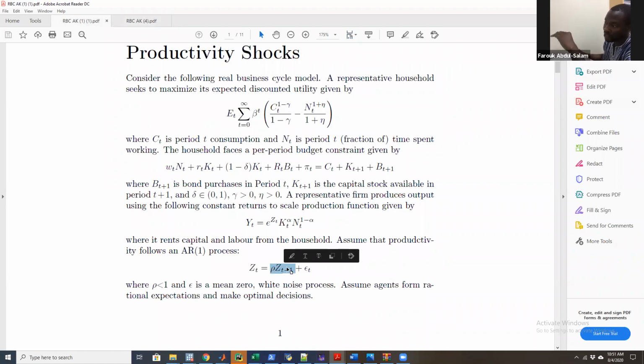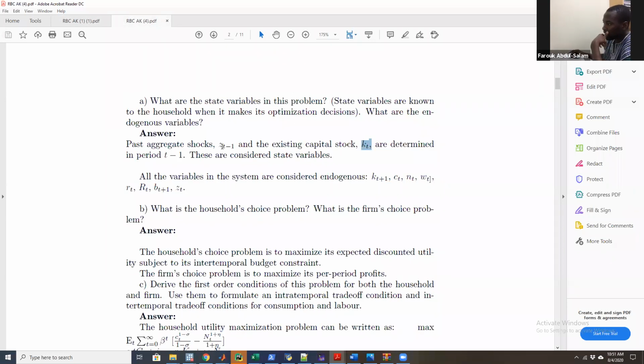ZT minus 1 is the shock that we experienced yesterday. So there is nothing new about it. We cannot change anything about it. It's already predetermined. So when they ask you for the state variable here, you can also mention that ZT minus 1 has already been determined in period T minus 1. So that is already a state variable.